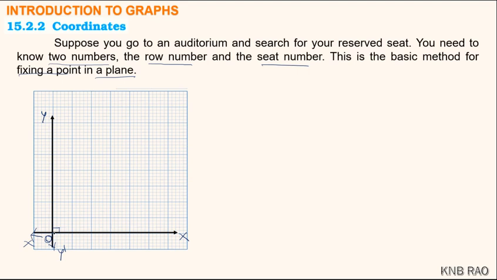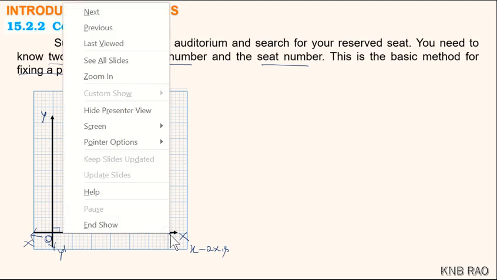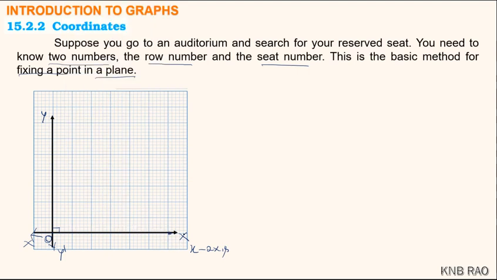Here on the x-axis I am using small letter x, and here capital X I said because it is a point. So a point is represented with capital letters, a line is represented with small letters, and y dash y is the y-axis.